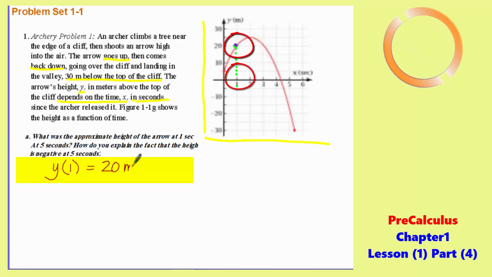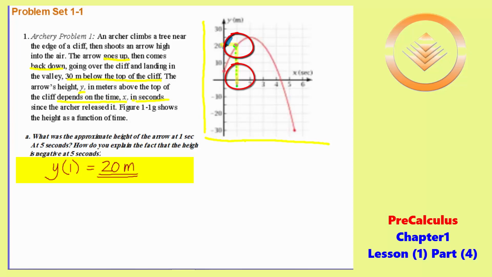How did I find 20 meters? Just by looking at the coordinates given by the graph. So at x equal to 1, your y is equal to 20 meters.